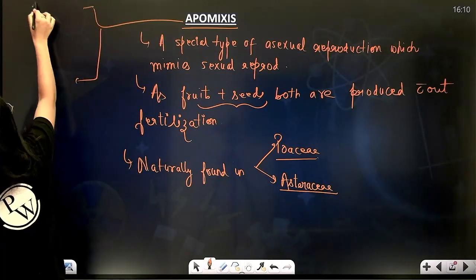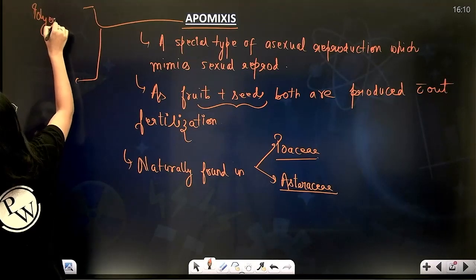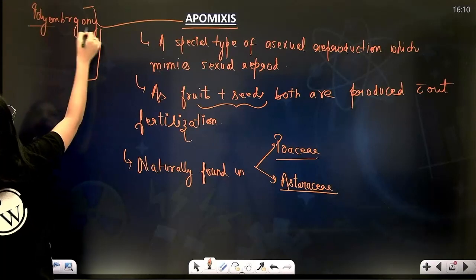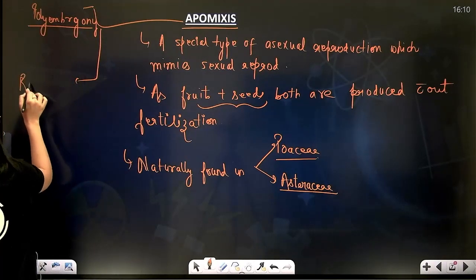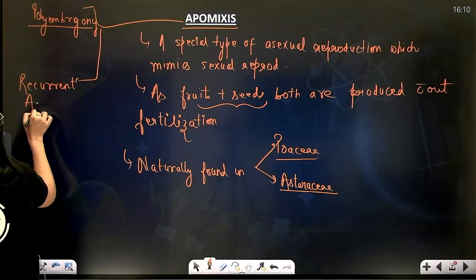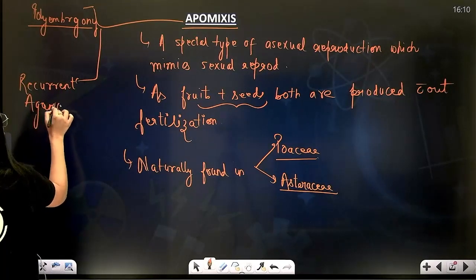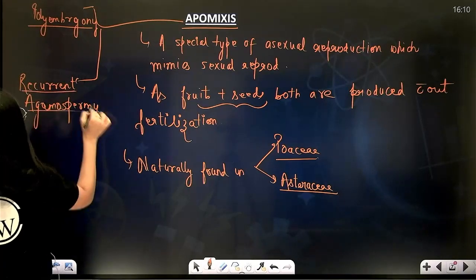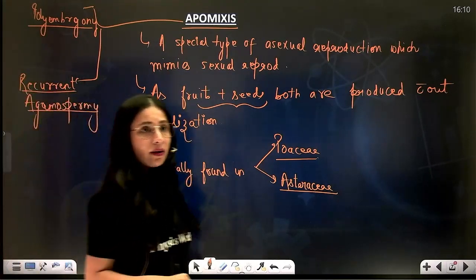One is called as polyembryony and second is called as recurrent agamospermy. Now let's see both the ways of apomixis one by one.